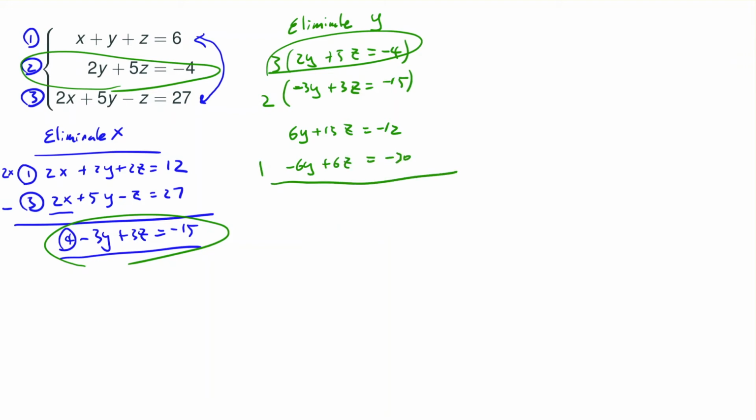So then I can add these to eliminate y. Then I get 18z equals negative 42. Oops, sorry.